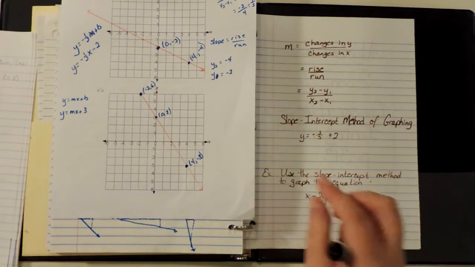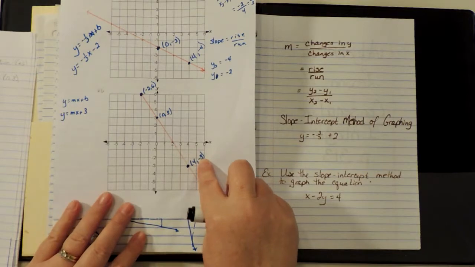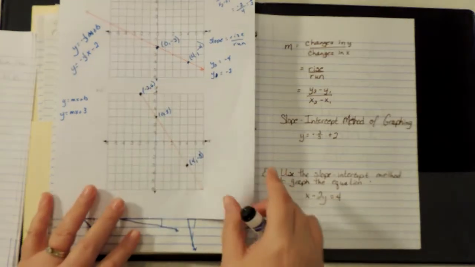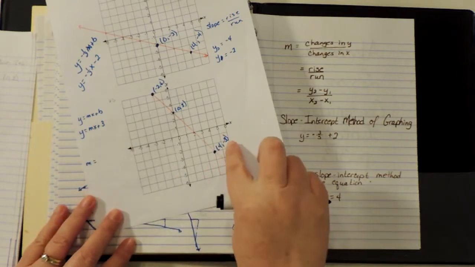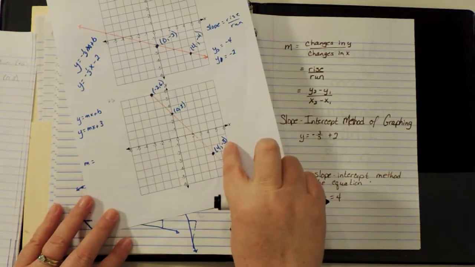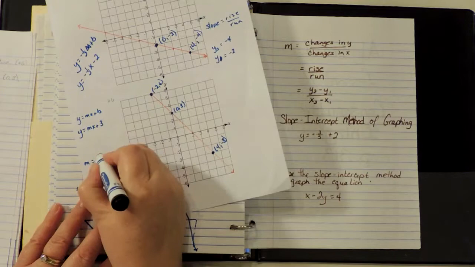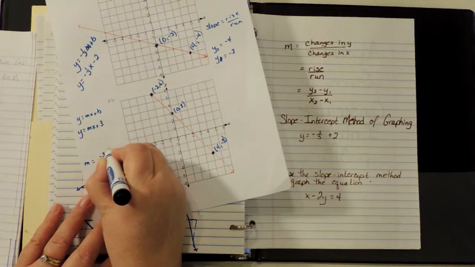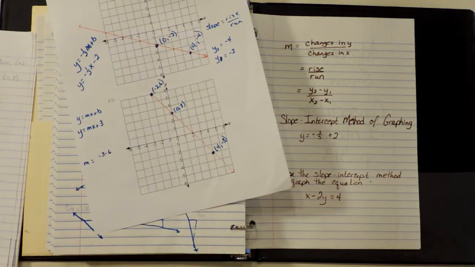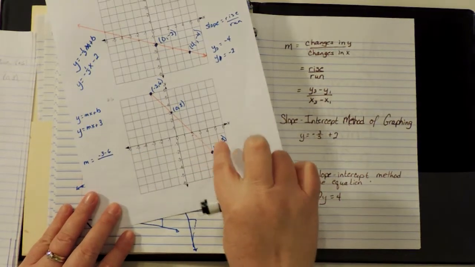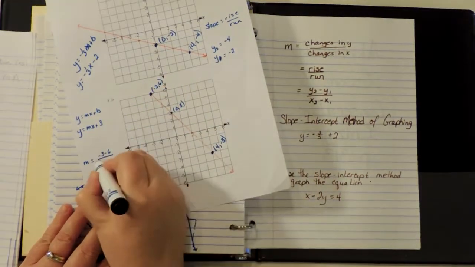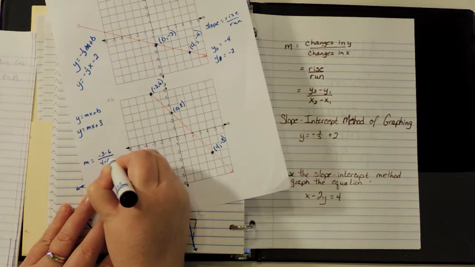The rise is going to be this y value minus this y value. So to find slope, we're going to do this y value minus this one. So that's -3 minus 6. And the run is going to be this x value minus this x value. So that's 4 minus -2.